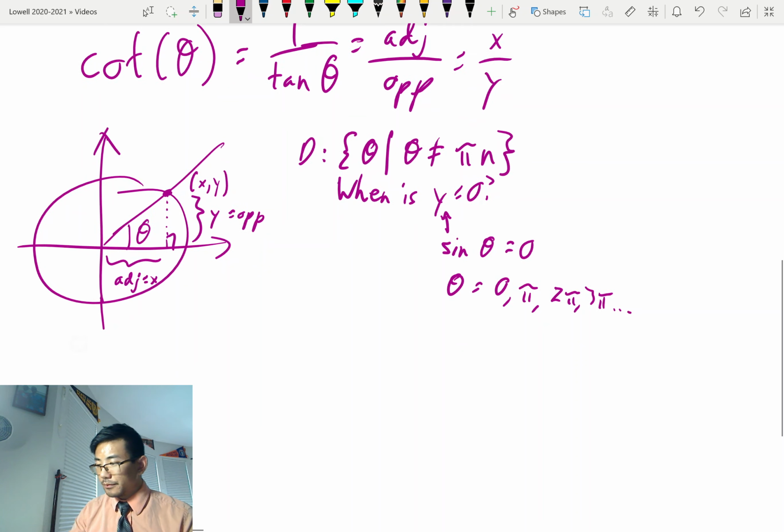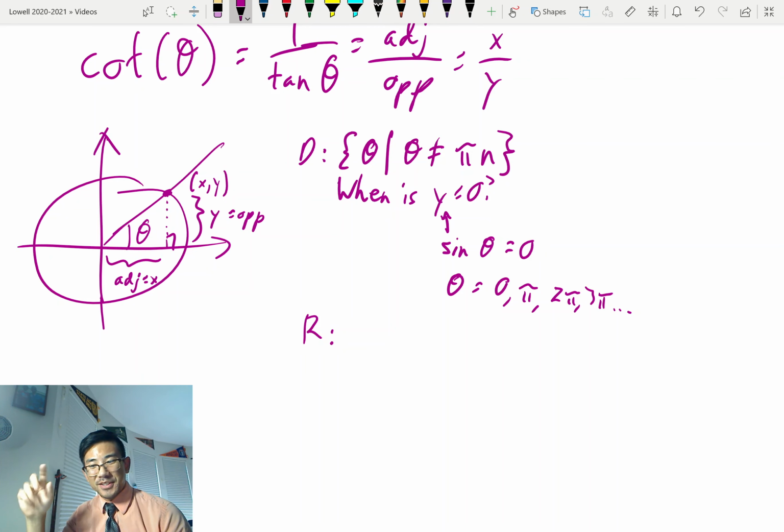Likewise, for the range, remember that tangent itself is the slope, and so the range of cotangent would be any reciprocal of the slope. If the range of tangent was all real numbers, then the reciprocal of all real numbers is still all real numbers.